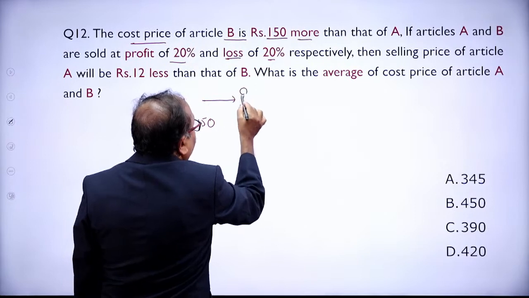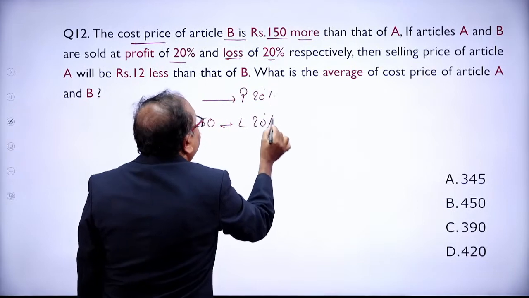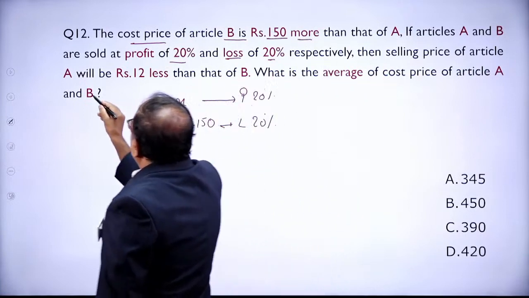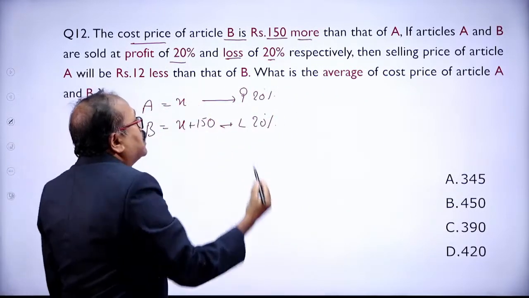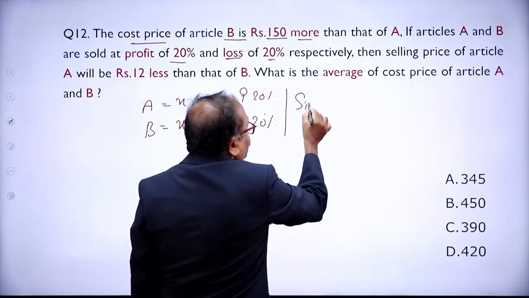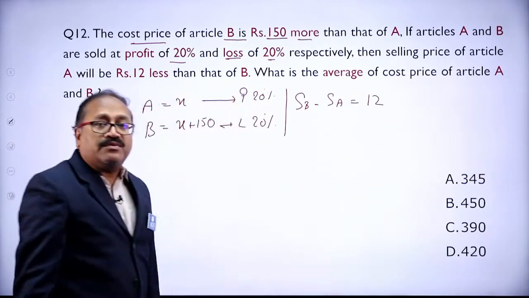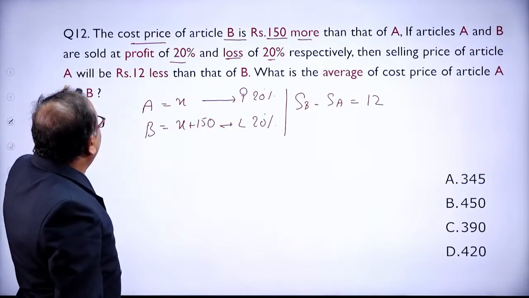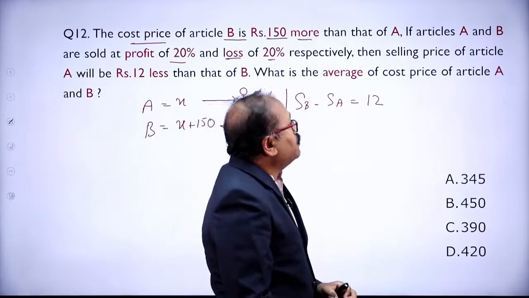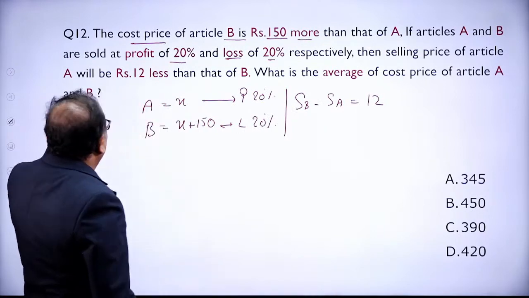A is sold at a profit of 20% and B is sold at a loss of 20%. The selling price of article A will be 12 less than the selling price of B. So selling price of B minus selling price of A is equal to 12. I repeat, the selling price of A will be rupees 12 less than the selling price of B. What is the average cost price of articles A and B?